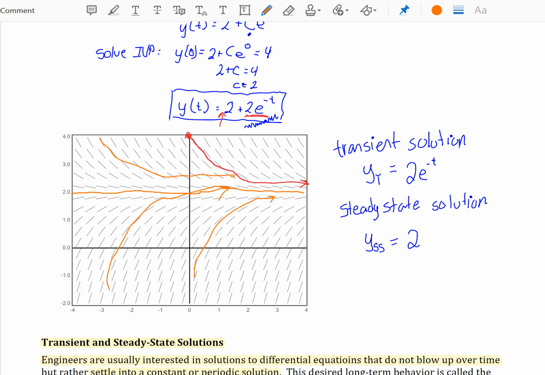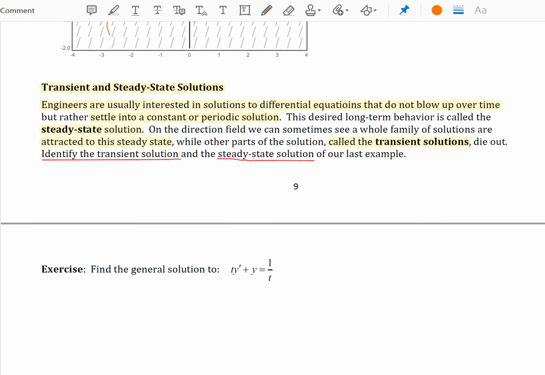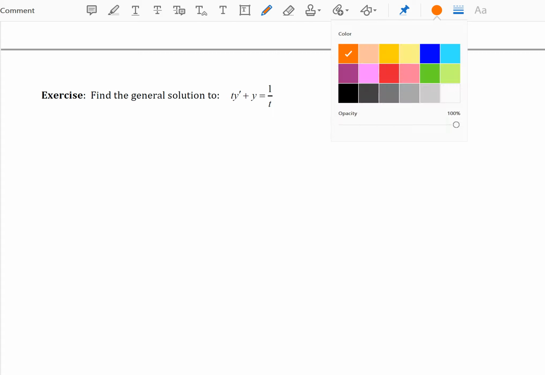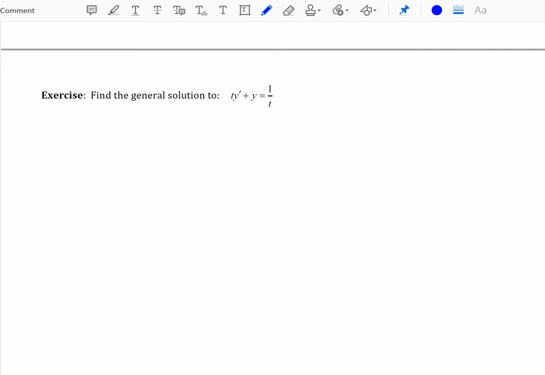Okay, let's look at another example. Let's find the general solution to this differential equation. Now, first notice this differential equation is not written in our standard form. To write it in our standard form, we always want to have the coefficient of y prime be 1.